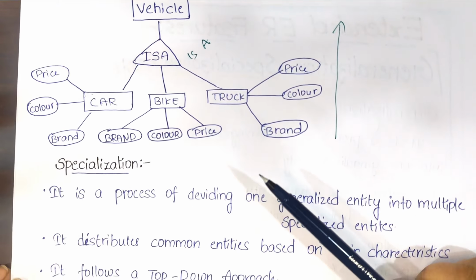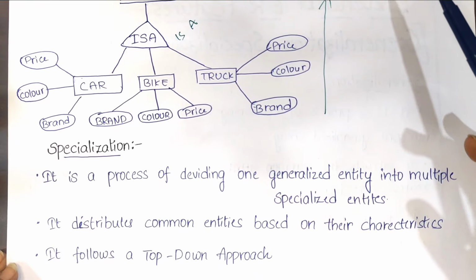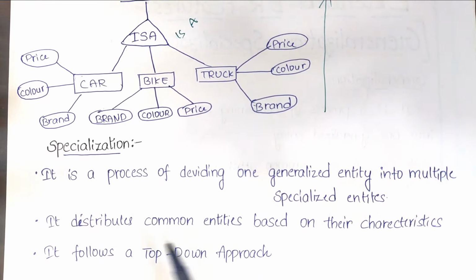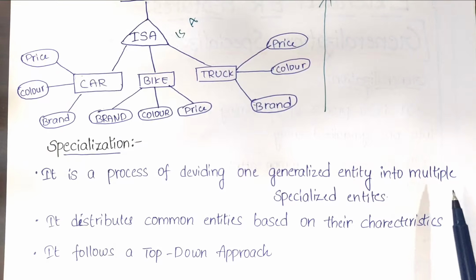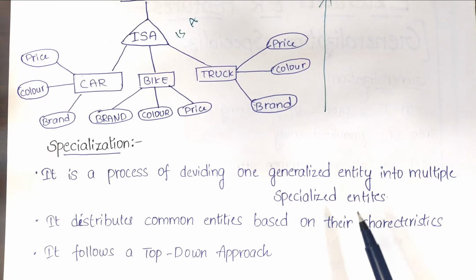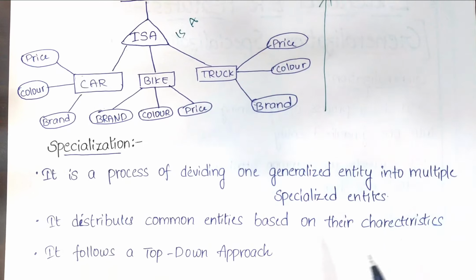Next, specialization. We can say specialization is completely opposite to generalization. Specialization is a process of dividing one generalized entity into multiple specialized entities. Here we are dividing that single entity into specific specialized entities. When we consider employee, a manager is also an employee of a company, a developer is also an employee of a company, and a tester is also an employee of the company, right?